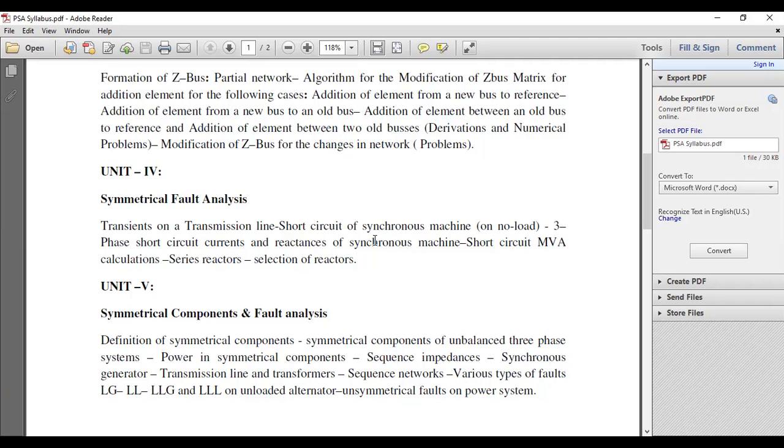You can also obtain the short circuit MVA calculations, how to reduce the short circuit currents by using series reactors, and how to select the reactors. That is also a very important point that you are going to study in this chapter. So this is about symmetrical fault analysis.